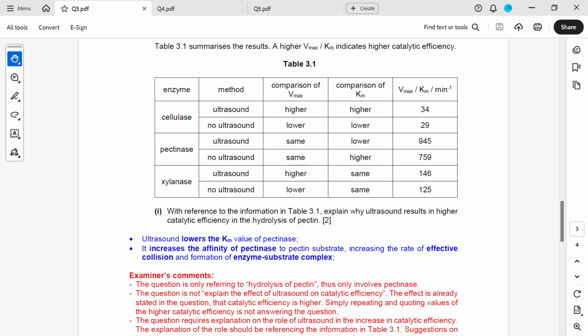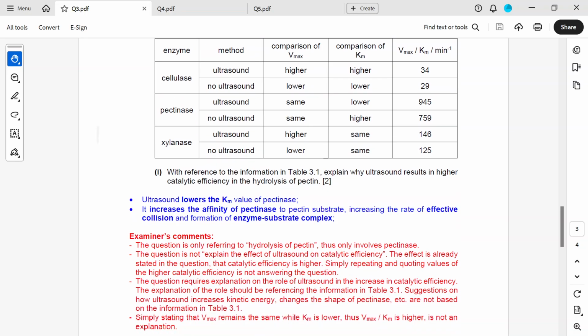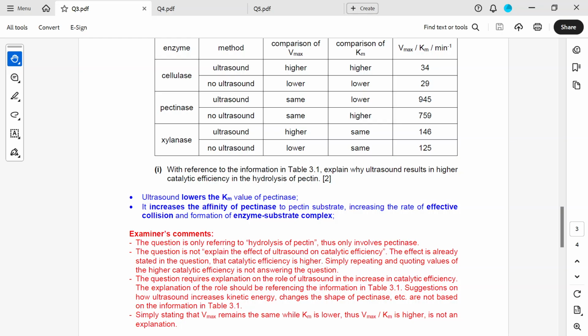So lower Km, higher affinity of the pectinase enzyme to its substrate, which is pectin. So that makes it easier for the pectin to bind, therefore a higher rate of effective collision and formation of enzyme-substrate complex, which then makes the catalytic efficiency higher. Okay, so this is how you should be tackling the answer.